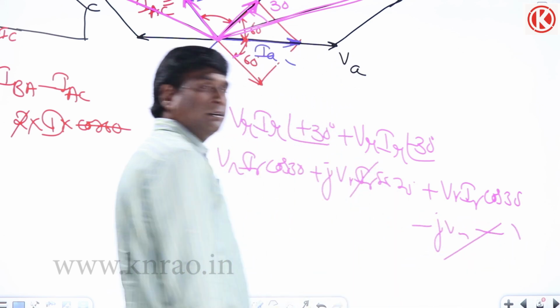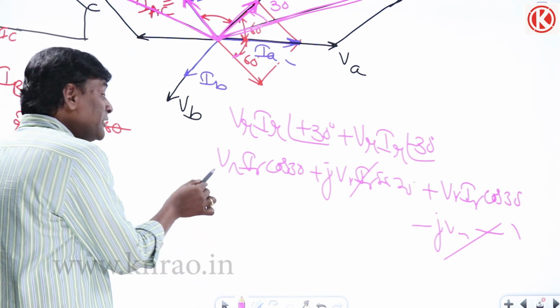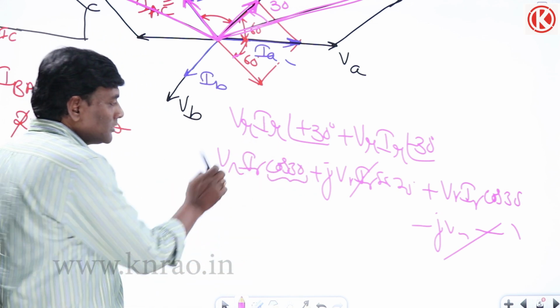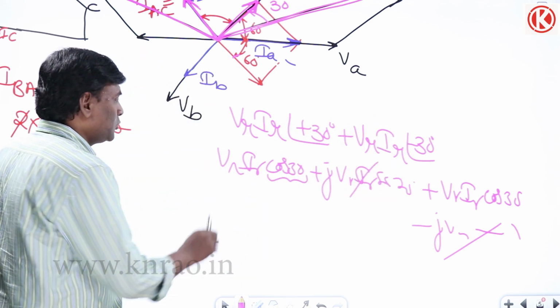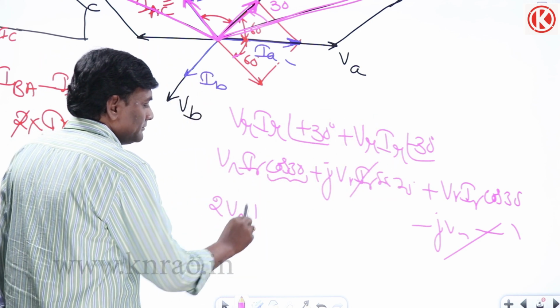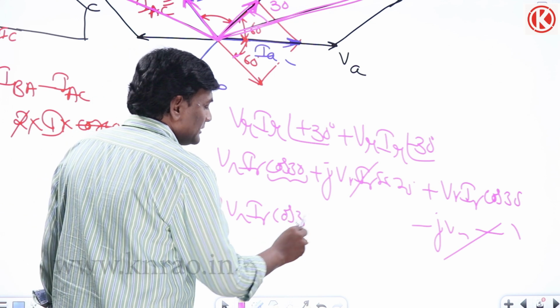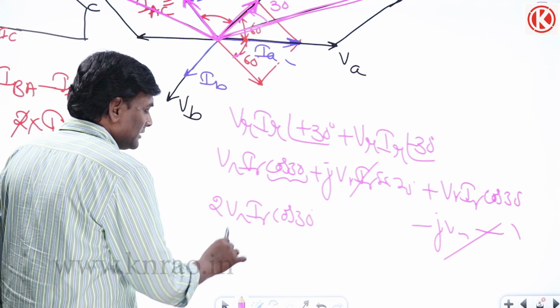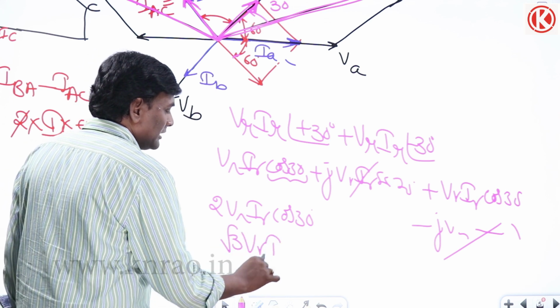The j terms will get cancelled. So even if you maintain rated voltage and rated current, cos 30 is coming. So cos 30 plus cos 30 is going to be 2 VR IR cos 30. Cos 30 is sin 60, root 3 by 2, the 2 will get cancelled, such that it is root 3 VR IR.